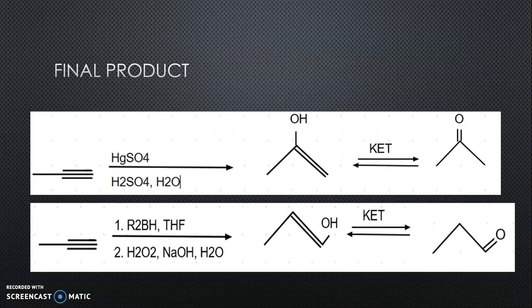So I just want to lay it out, give you guys the full scope of everything that we talked about. These are the 2 types of alkyne hydration reaction mechanisms. And you can see when you're presented with a problem on a test or homework and you have an alkyne and you have these reagents, you can give the product as the keto tautomer.